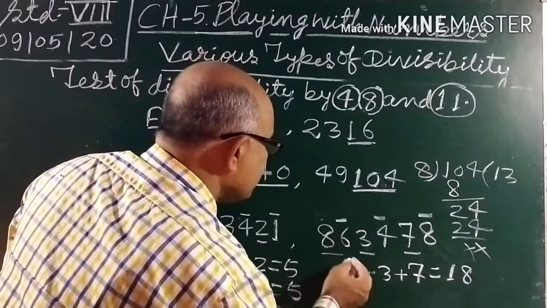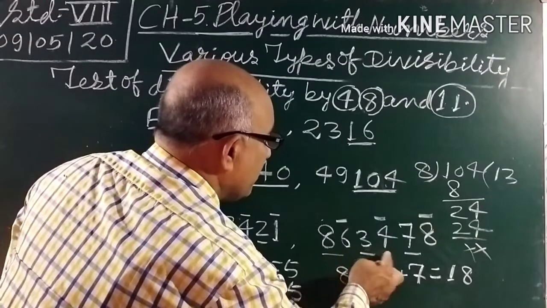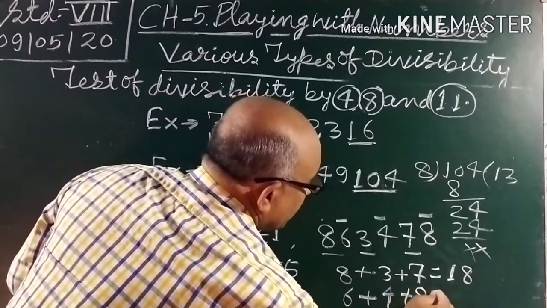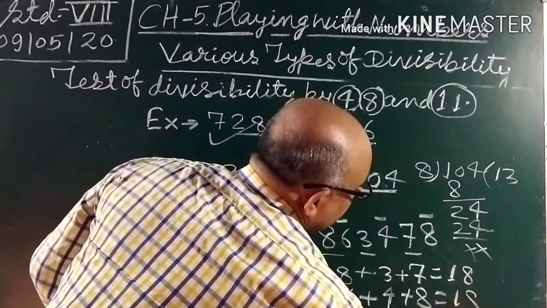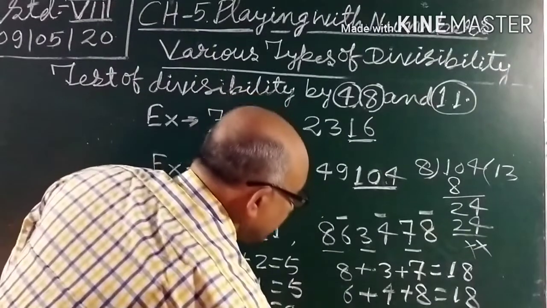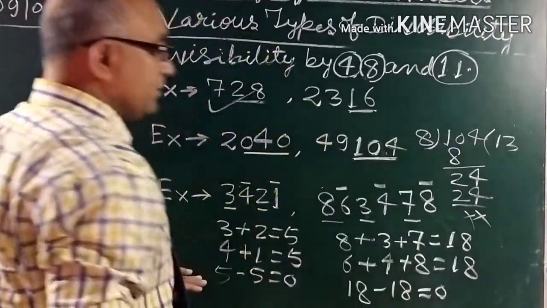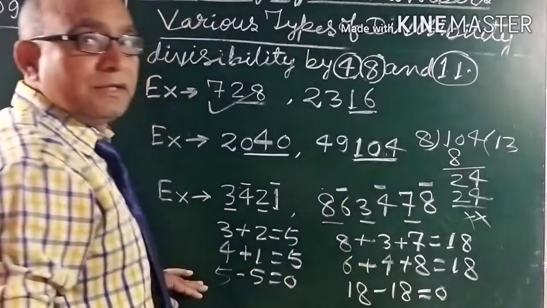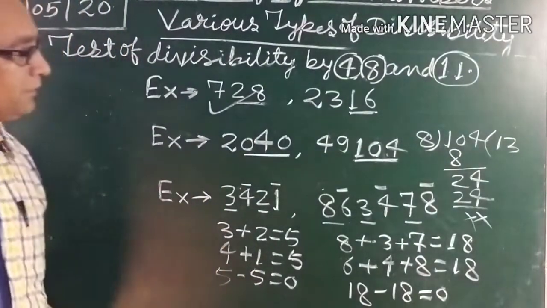Next, 6 plus 4 plus 8: 6 plus 4 is 10, 10 plus 8 is 18. Here 18 minus 18 equals 0. So 8,63,478 is exactly divisible by 11. Write it.